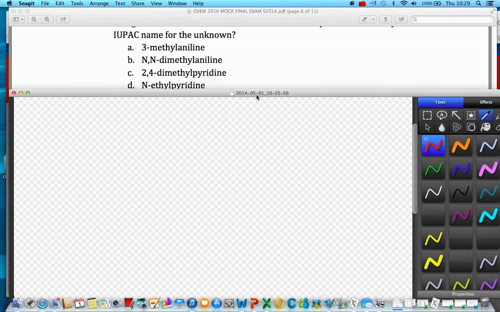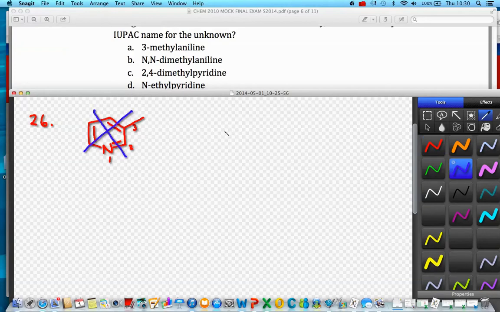So for 26, choice A is 3-methylaniline. Of course, atom 1 is going to be nitrogen. 1, 2, 3. We have a methyl group. That is not a primary amine. Therefore, we can eliminate A as a possibility.